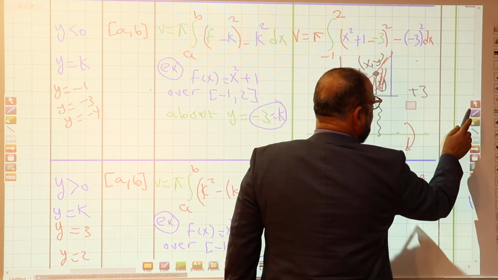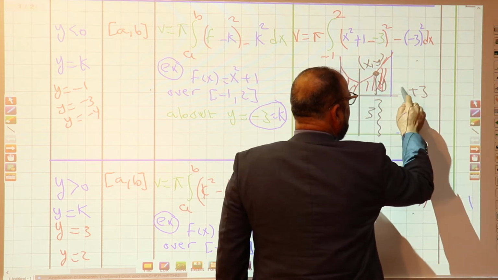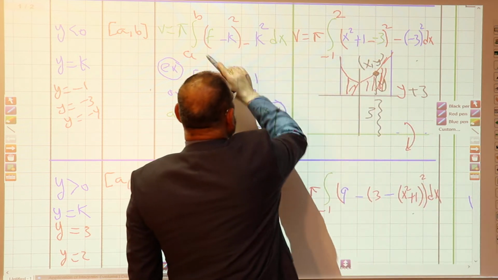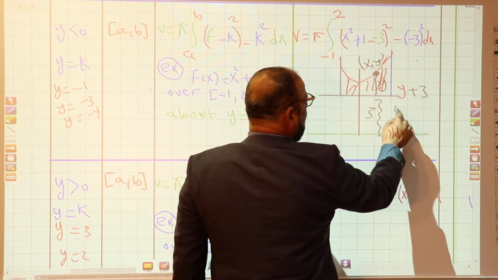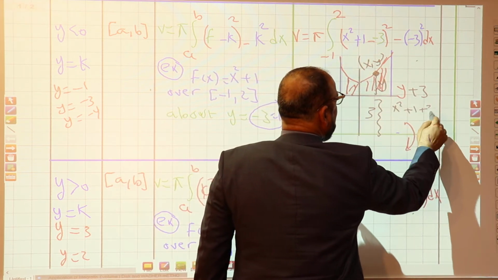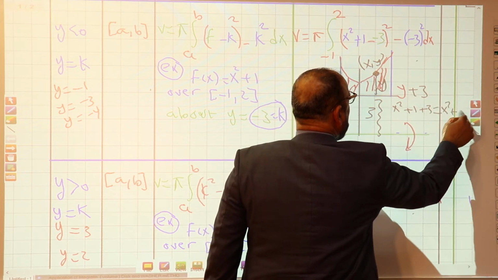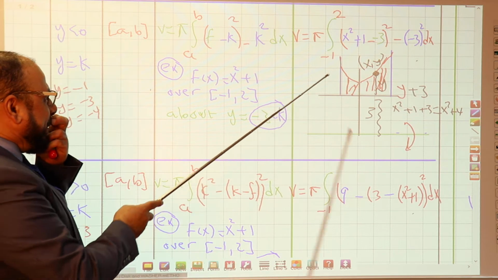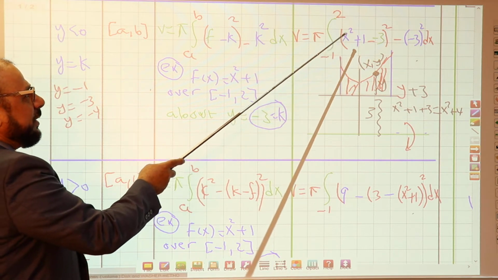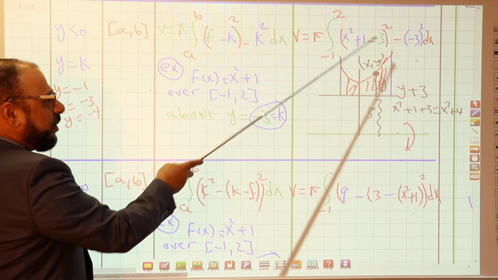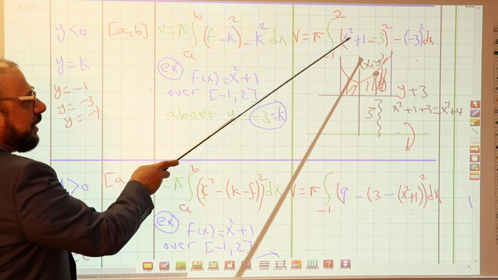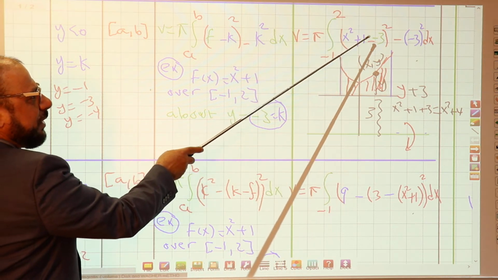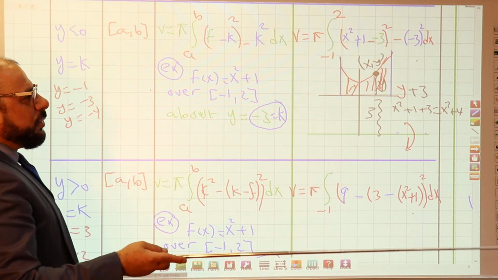And this y is x squared plus 1, so x squared plus 1 plus 3 is x squared plus 4. You see, I made it easy for you. Instead of graphing and doing x squared plus 1 minus k, where k is negative 3, when you add them it becomes x squared plus 4, which is a lot easier.